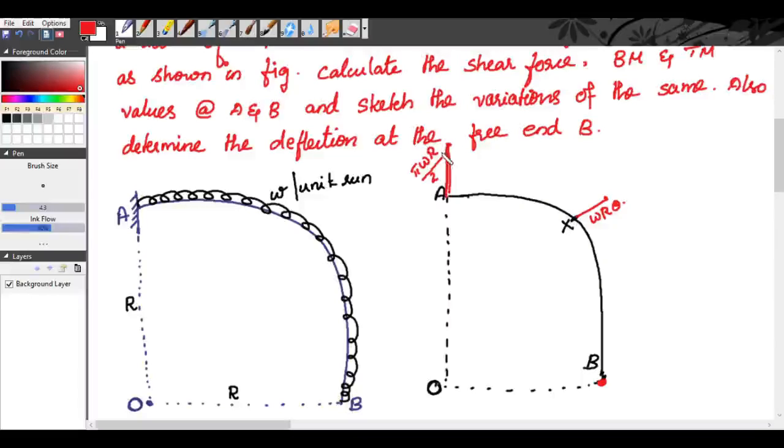So by drawing the variations, we will get at B, it is 0. Okay, so everywhere it is positive.